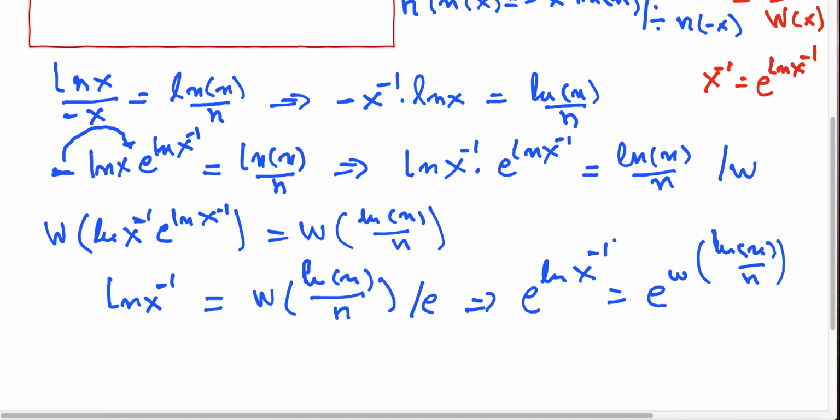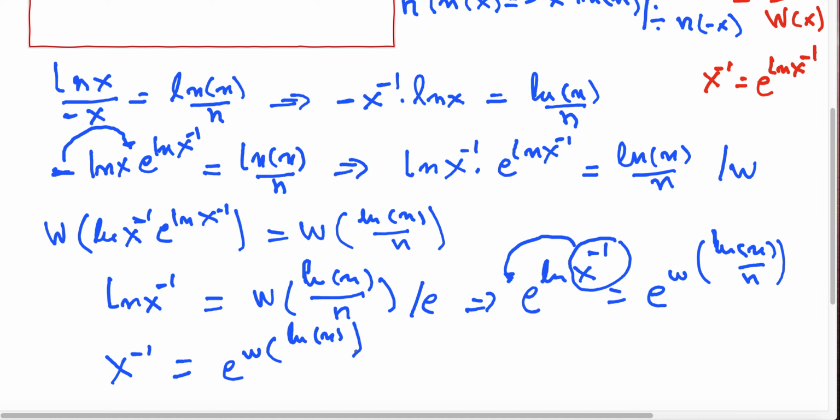And this x minus 1, according to the properties of the logs, the exponent goes in the front, and e^(ln x) is x, so I can write x in exponent minus 1 is equal to e^(W of ln n) divided by n.